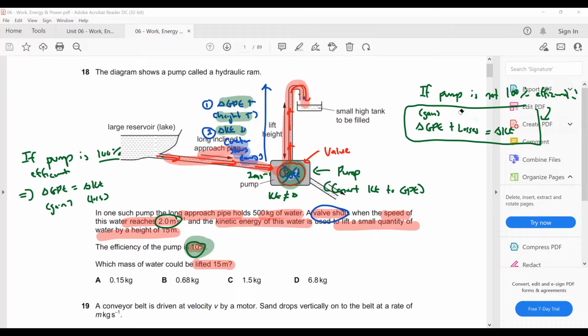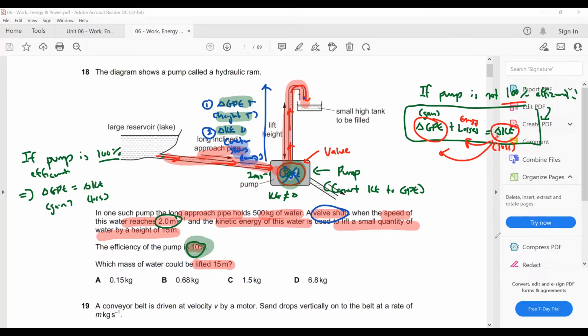Yeah, this is the correct one. My mistake. If your pump is not 100% efficient, whatever KE that you lost, part of it will be converted to GPE. This one is some other energy losses. This is another different form of energy loss. So not all your KE will go into GPE because some portion of your KE loss has gone into some other energy loss.